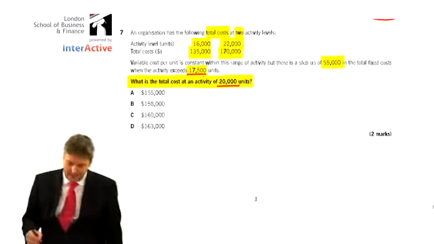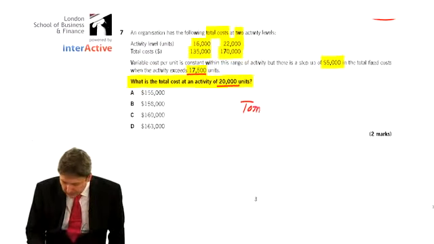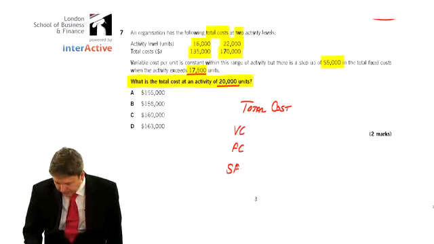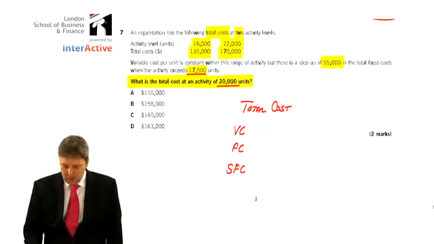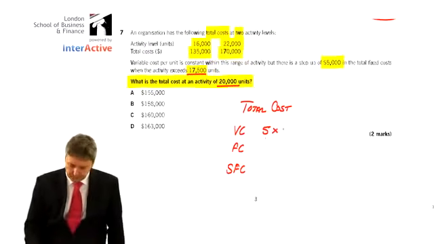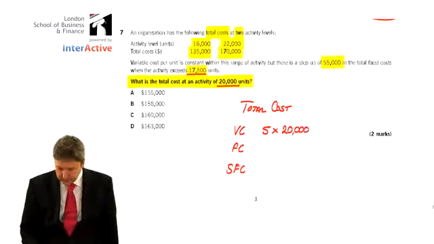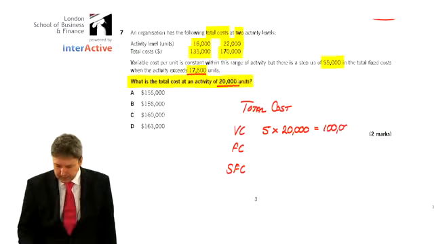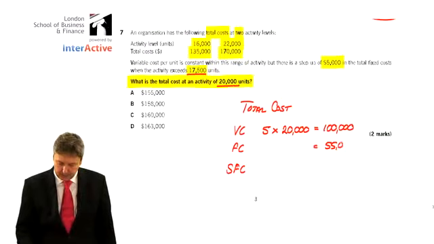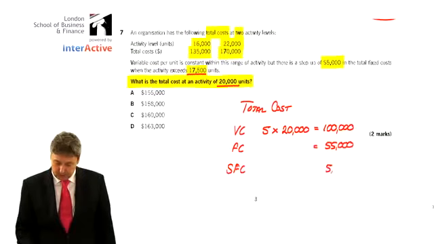So all we would have to say here to get the answer is the total cost will be made up of the variable element, the fixed element, and the stepped fixed cost as well. The variable cost, $5 per unit for 20,000 units, 100,000, I think. The fixed cost, a single figure, 55,000. And the step fixed cost, well, we were told it was 5,000.